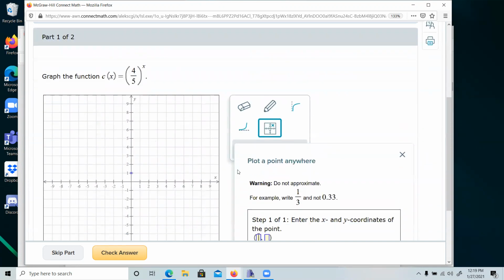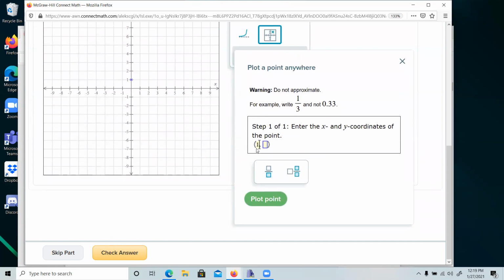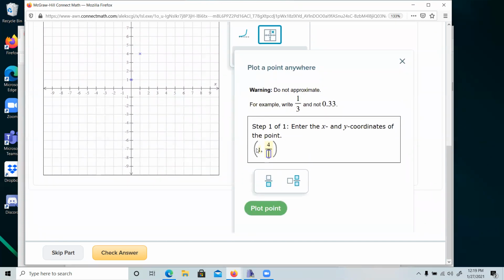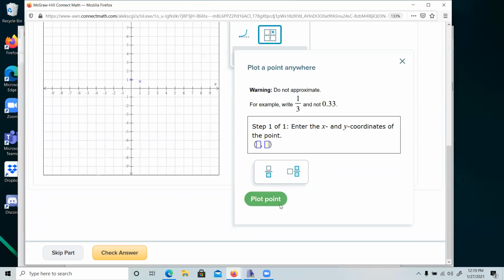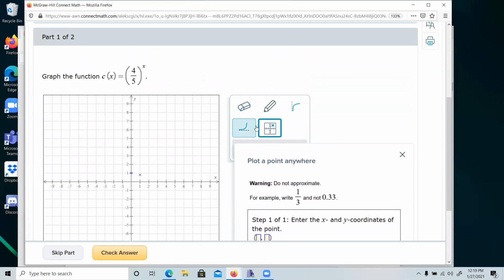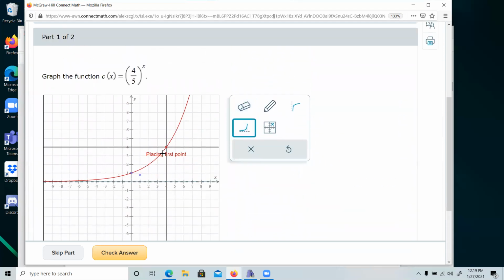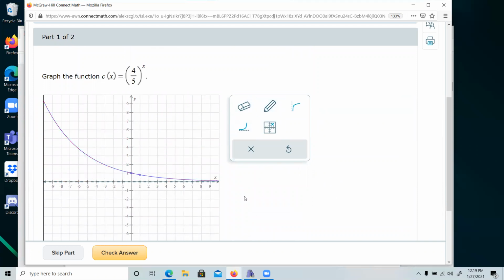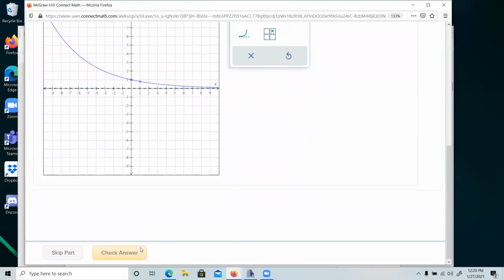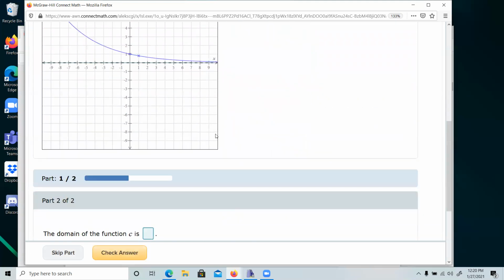So if I put in x equals 1, we get 1 and then 4/5. We can plot that point. And now we have our second point. Notice it let me do it immediately when I plotted it. I didn't have to mess with it. But if I didn't plot it, it's going to force me to be on the grid. You don't want that.